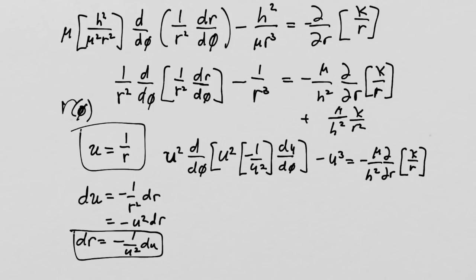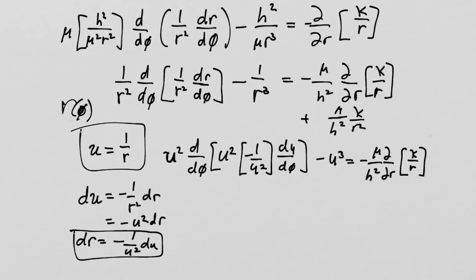But now, if I go ahead, this will actually cancel. There'll be a minus sign out front. Then I divide everything by minus u squared, so I end up with a plus u here, and the minus goes away, and I have a u squared in the denominator there.